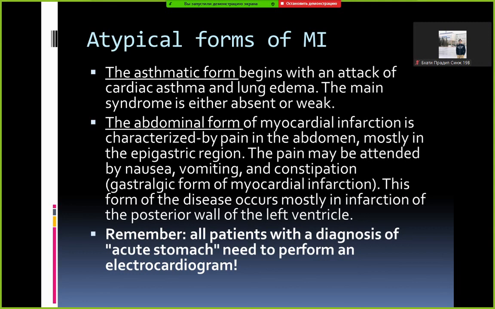The pain may be attended by nausea, vomiting, constipation. This form of the disease occurs mostly in infarction of the posterior wall of the left ventricle. So you must remember that all patients with a diagnosis of acute stomach need to have an electrocardiogram, ECG.